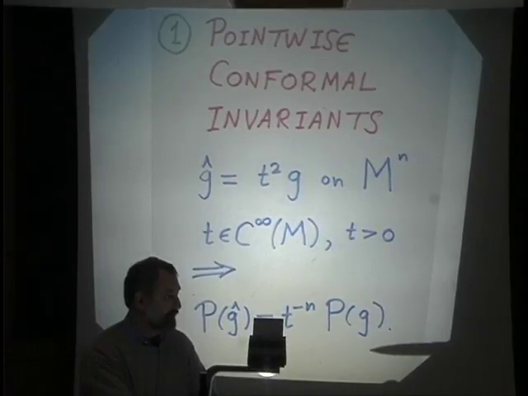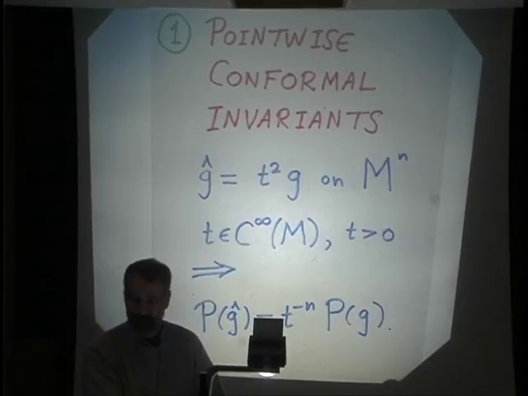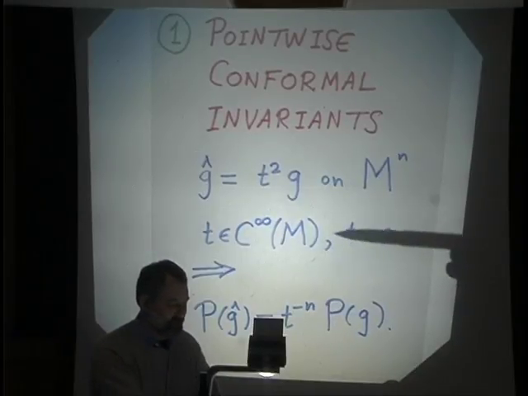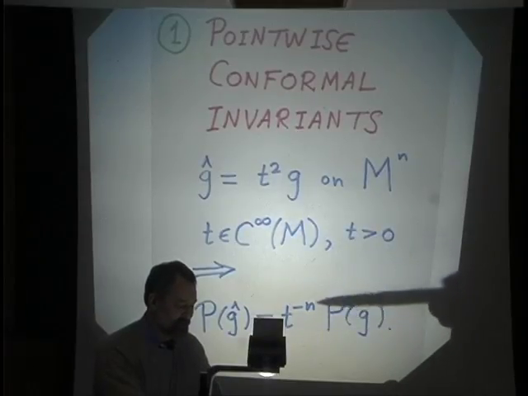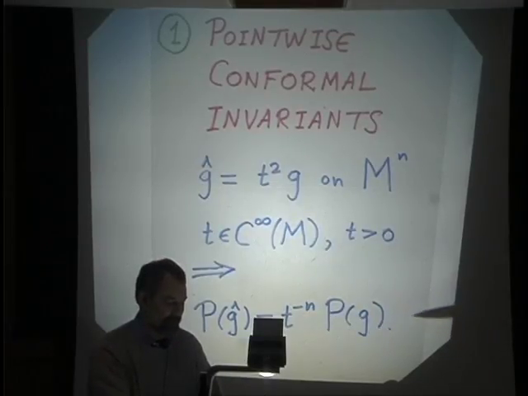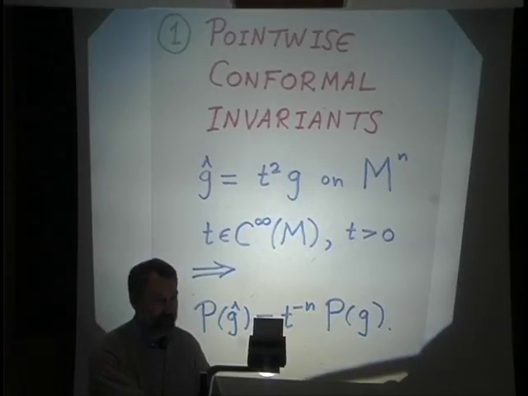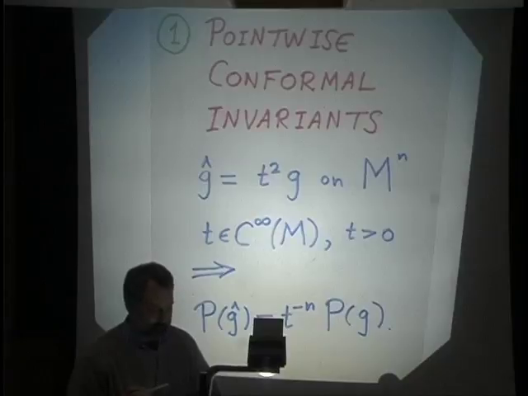Well, of course, if there is a pointwise transformation law, we can simply integrate it and conclude that the integral of p of g is preserved by conformal transformations. This factor is exactly made to cancel the factor t to the plus n that would appear in passing from the volume element of g to the volume element of g hat. So that's one way.